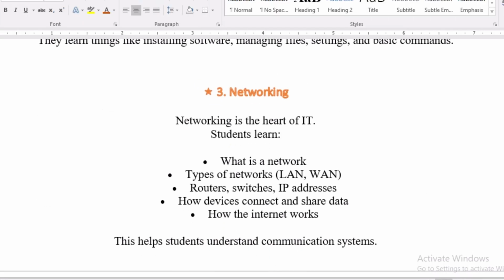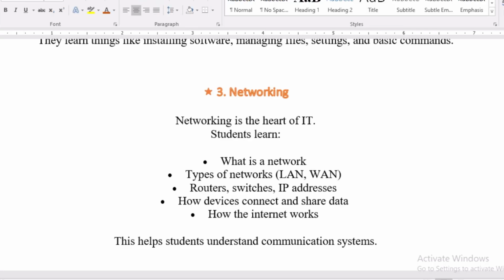Networking. Networking is the heart of IT. Students learn what a network is, types of networks, LAN, WAN, routers, switches, IP addresses, how devices connect and share data, how the internet works.